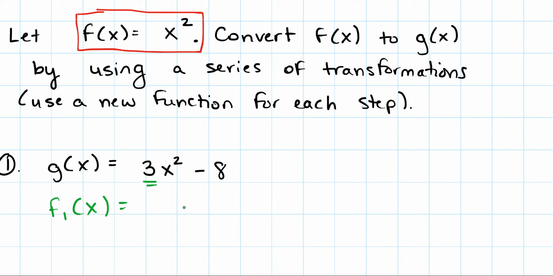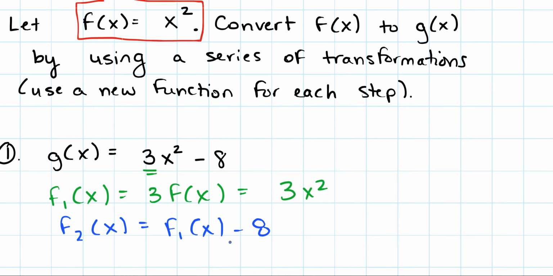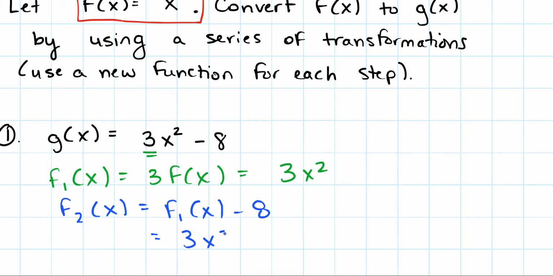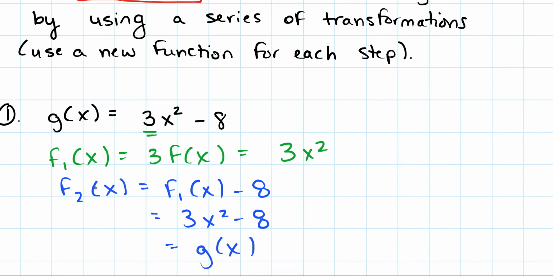Well, maybe I can put the 3 on the outside first. So let's take 3 times f of x, and that will give me 3x squared. Then I need a second function. Well, I'm going to take this function, f1 of x. The only difference is I need a negative 8. And so I'll get 3x squared minus 8, which is what I want. So I needed only 2 steps to get to g.